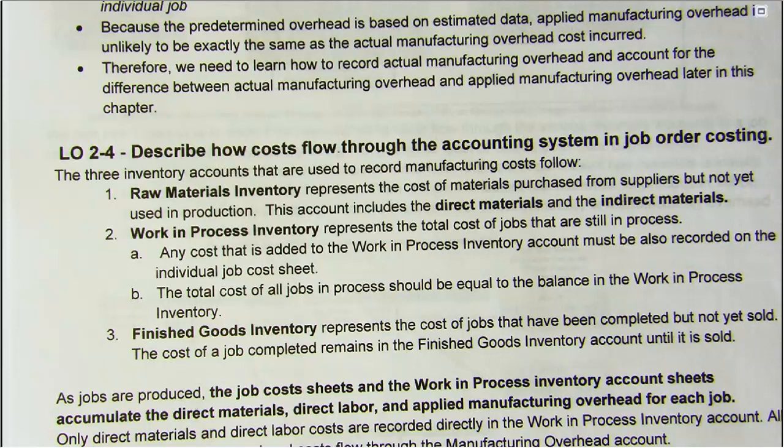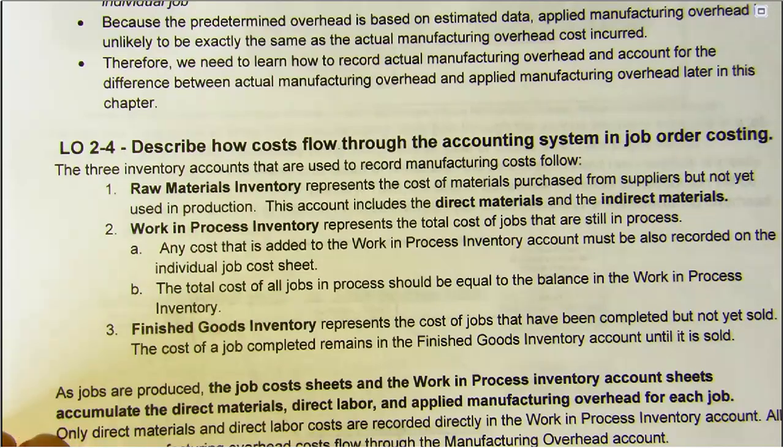When the jobs are sold, we credit finished goods inventory and debit the cost of goods sold. So as our notes indicate, the job cost sheets and the work in process inventory account accumulate all three product costs: actual direct materials, actual direct labor, and applied or allocated manufacturing overhead for each job.